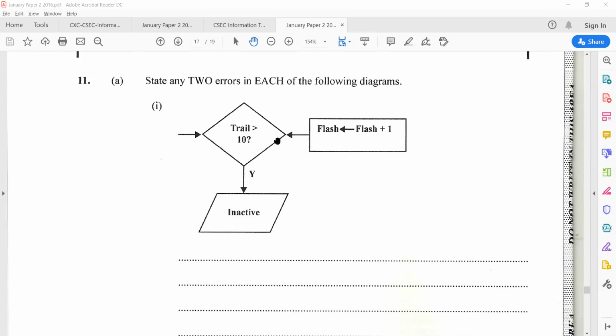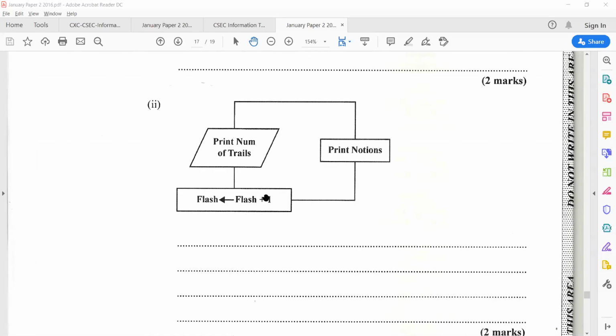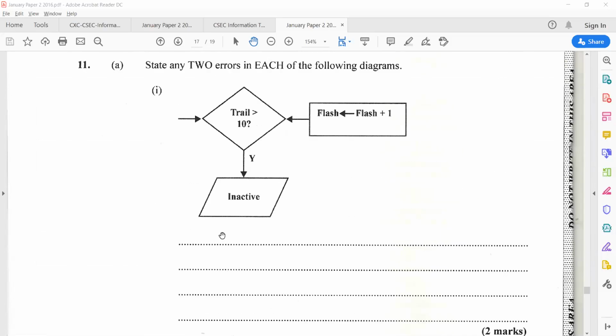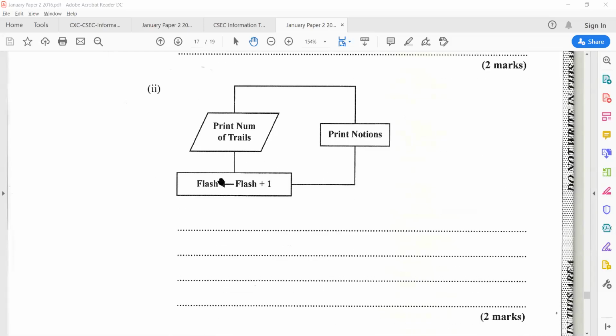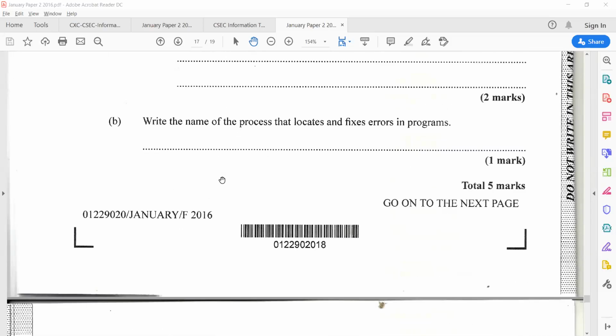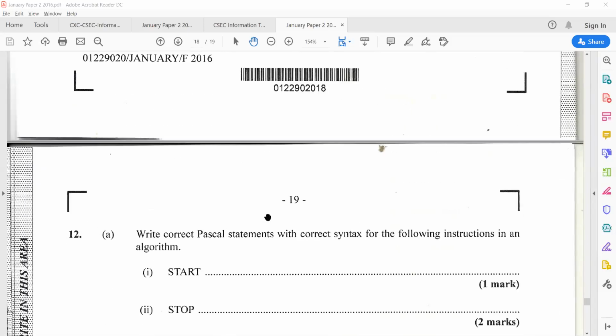So 2 errors in this diagram, and then 2 errors in this diagram. So you have to review the flow charts and identify 2 errors in them. Then you have to write the name of the process that locates and fixes errors. You may answer the question.